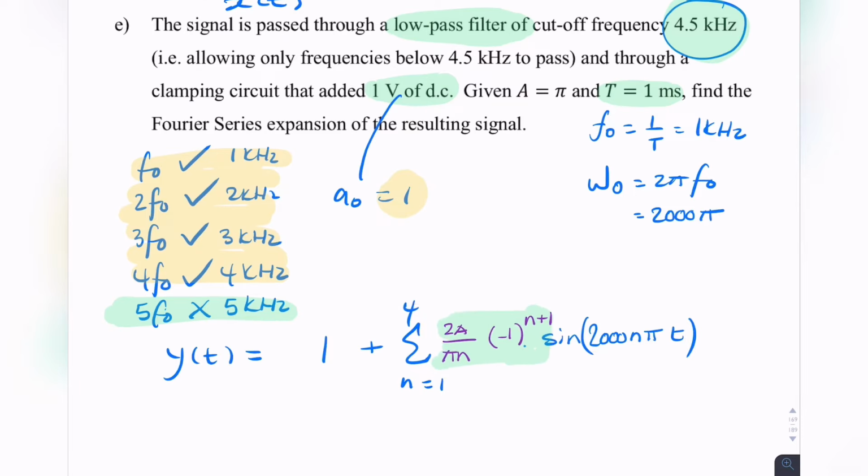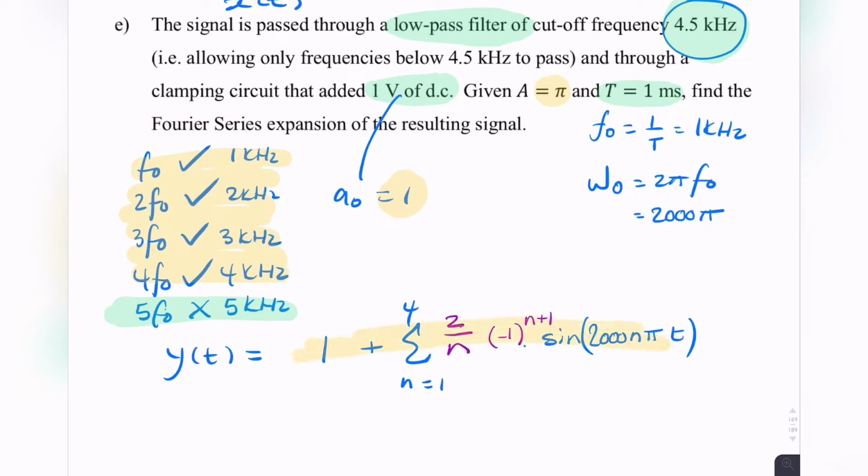Okay, we're given A is equal to pi, so I can replace A with pi. That pi cancels with that pi, so I have 2 over n. And that's my final expression. So the question was, find the Fourier series expansion of the resulting signal.